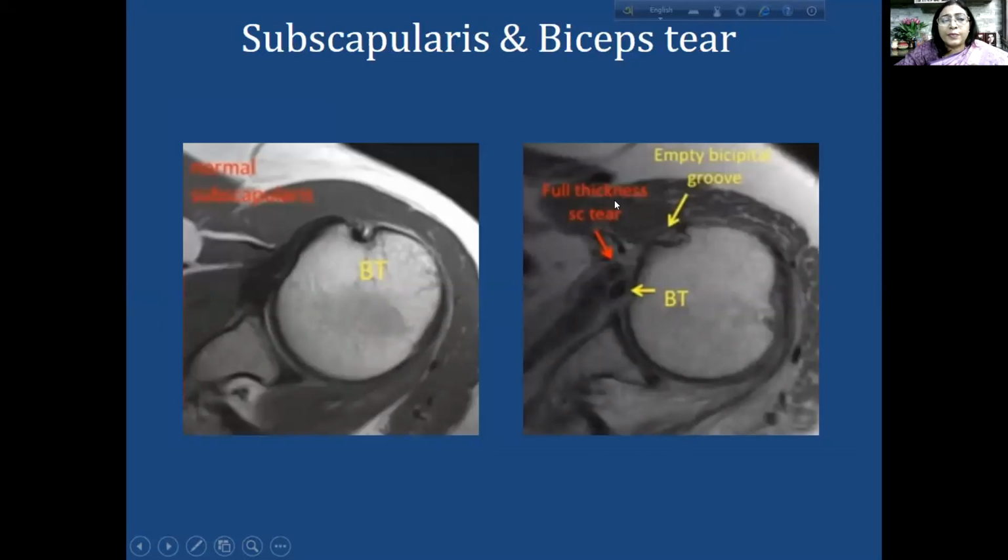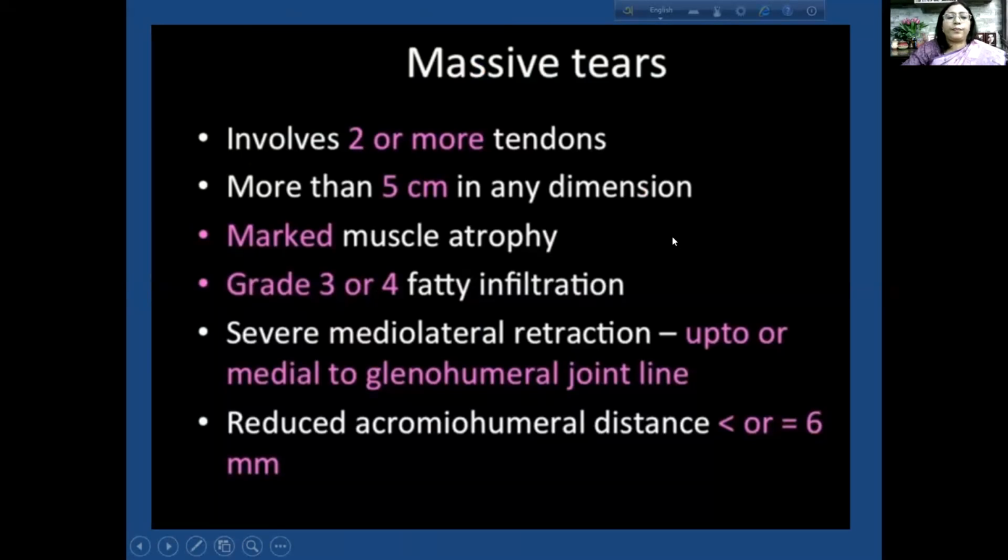The subscapularis tears are frequently associated with biceps tears, as it is postulated that some of the tendon fibers go through the bicipital groove and insert into the greater tubercle to give medial stability to the biceps tendon. When there is a complete tear of the subscapularis tendon, the biceps tendon is dislocated medially near the glenoid cavity with an empty bicipital groove.